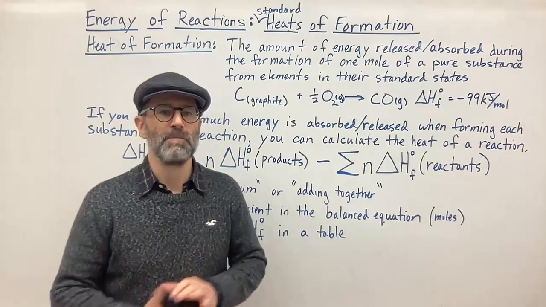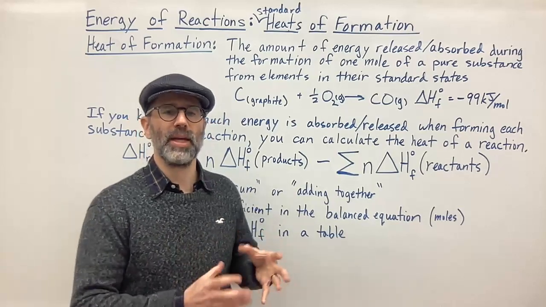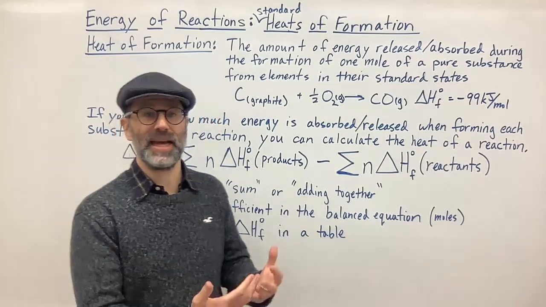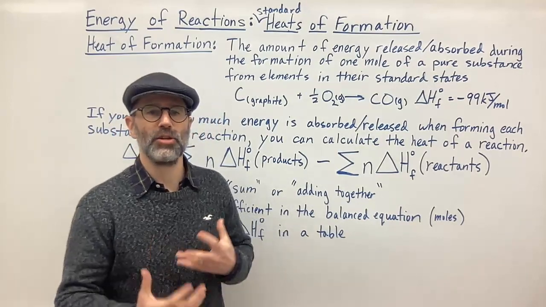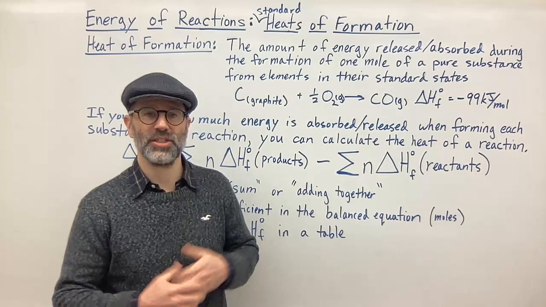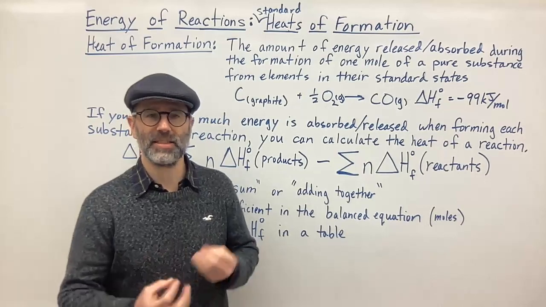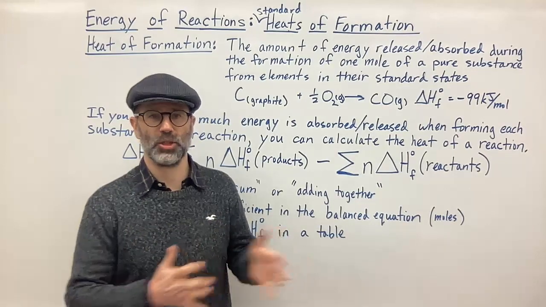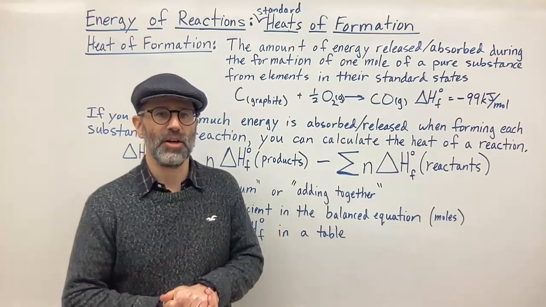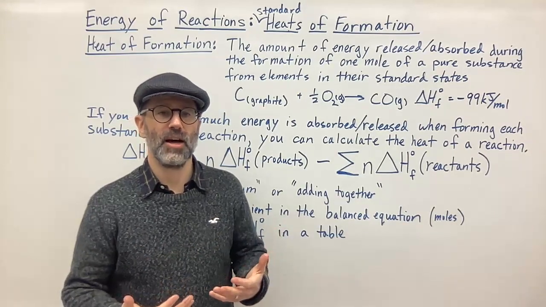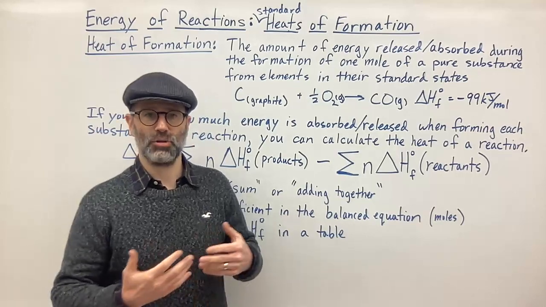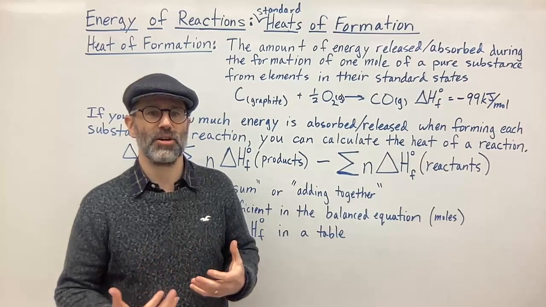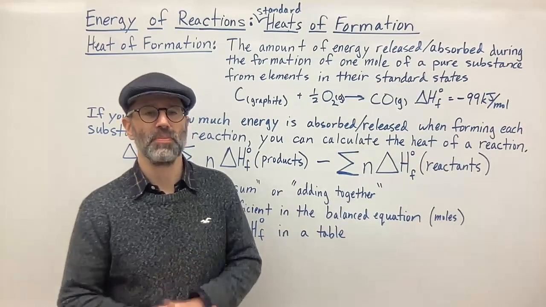So if you're forming a pure substance or a compound from its standard states, then there's going to be a certain standard heat associated with that particular formation or that particular reaction. Under these standards, the actual elements themselves in their standard states, their standard heats of formation are zero.